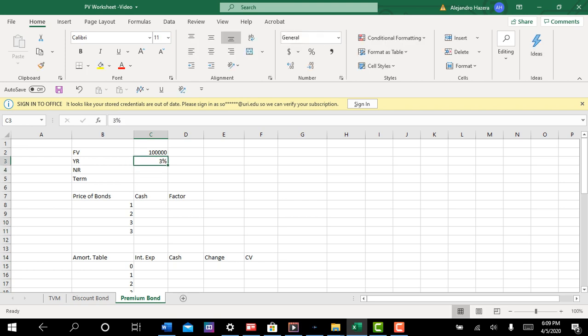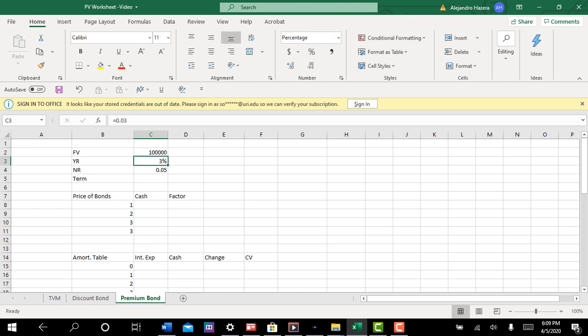We're going to have a yield rate of 3% here. I'm just going to go 0.03. And then we're going to have the same nominal rate, 0.05.